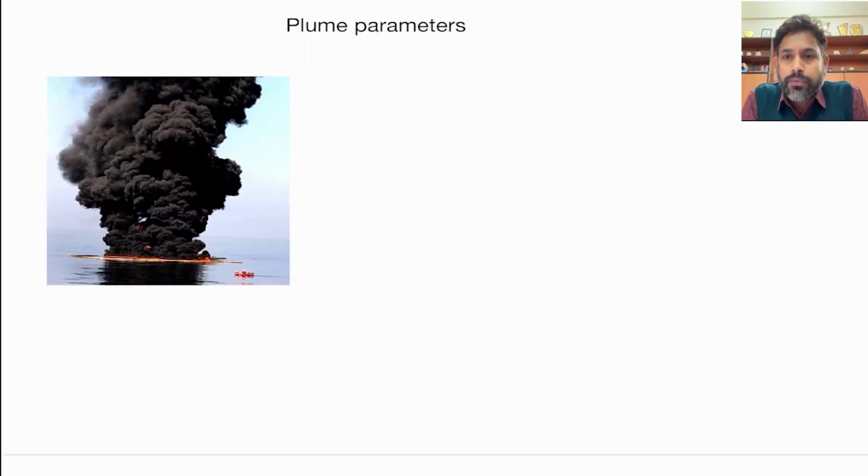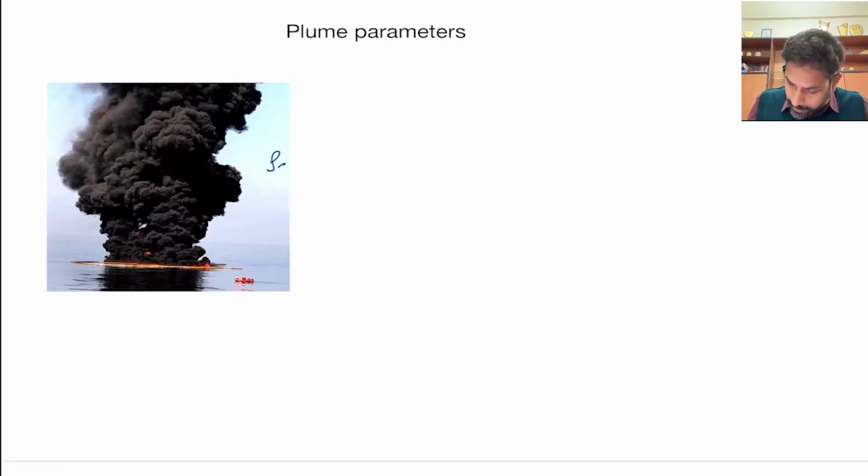So how does a plume form, and how does it grow? What different parameters are important for modeling or solving a plume problem? Here we will consider rho A, rho ambient, which is basically the density of the air surrounding the plume, in this particular case the atmospheric air.